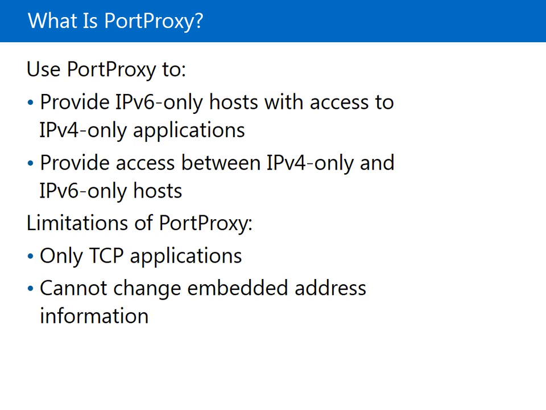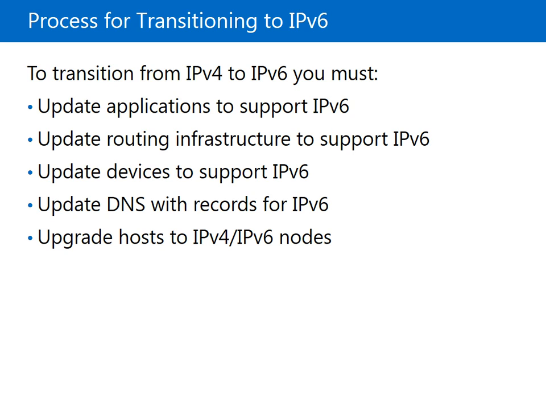So you can put a port proxy in there and it will help manage it until you don't use it anymore. So it's TCP only. When we talk about transitioning, this is the design part.